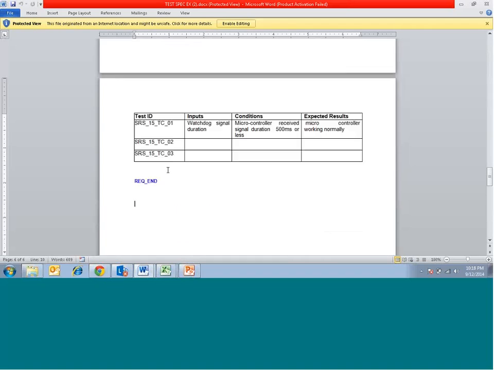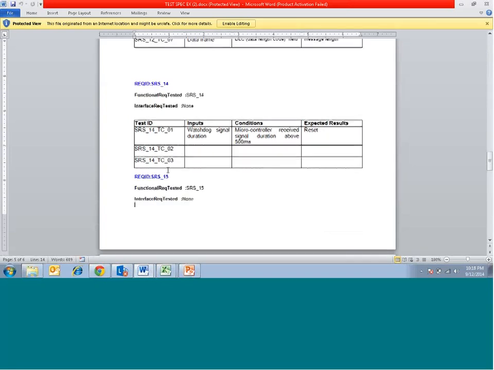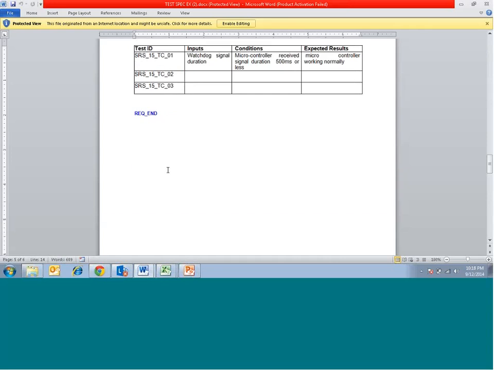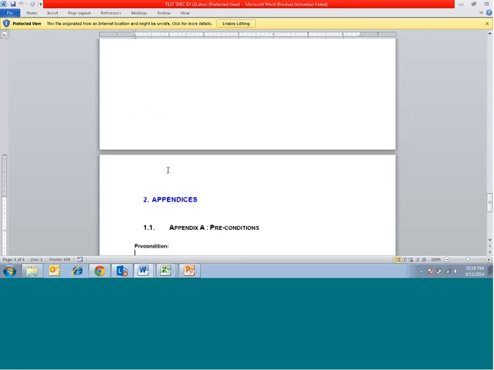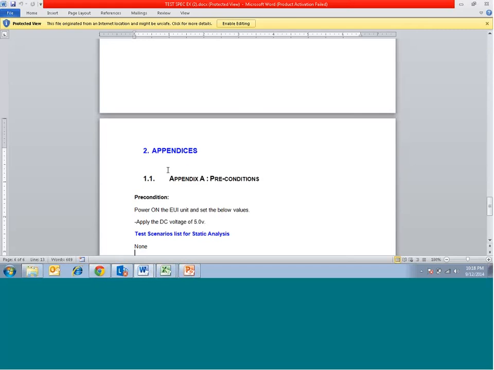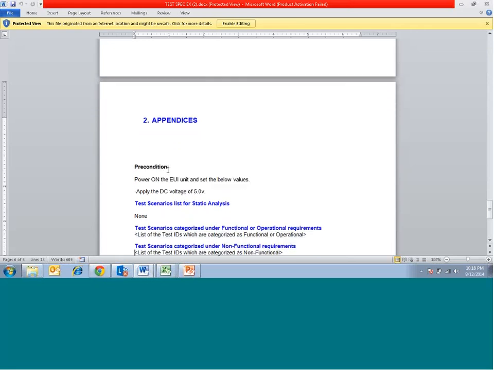Once the grouping is done, we know that for each group there is a set of conditions that need to be existing before we start the practical steps or the test procedures. So what are those conditions? They are called preconditions.